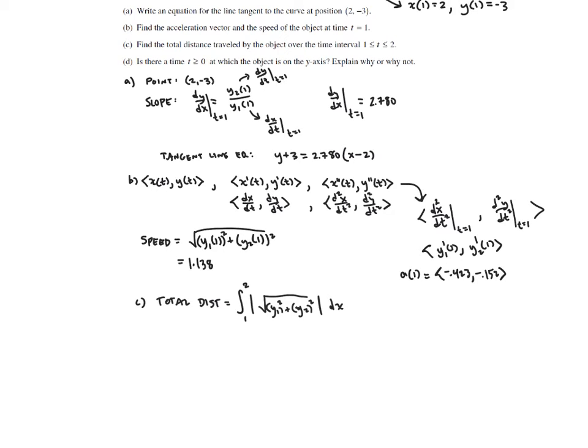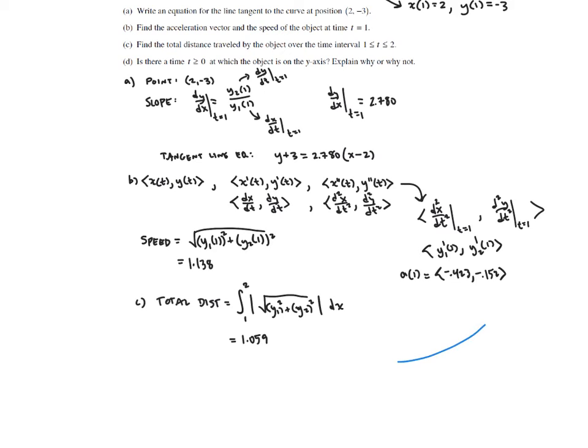Okay, so of course, reminder that y1 and y2 represent dx dt and dy dt. Okay, so the total distance traveled comes out to be 1.059 units.